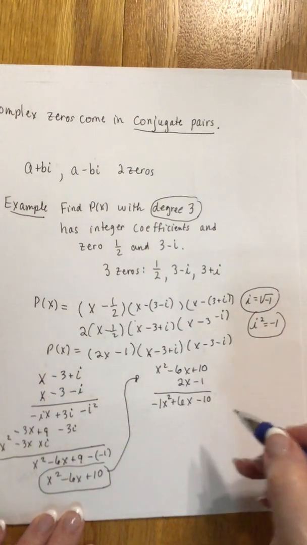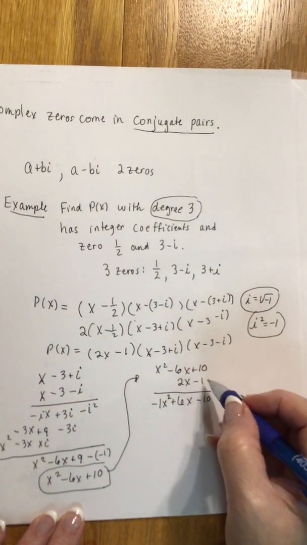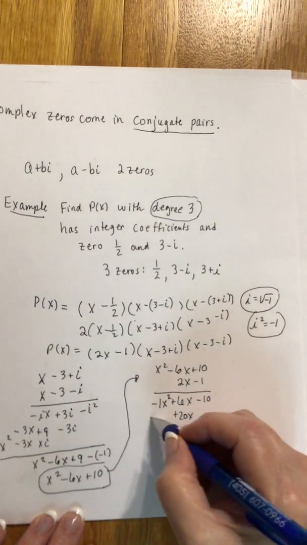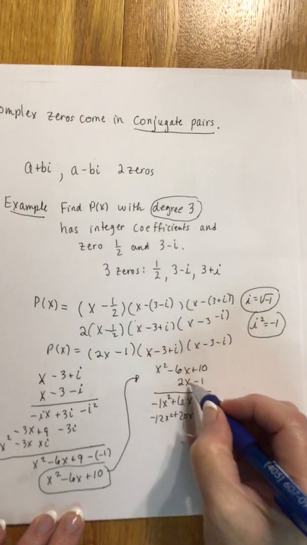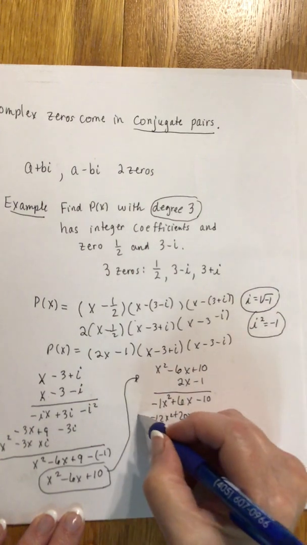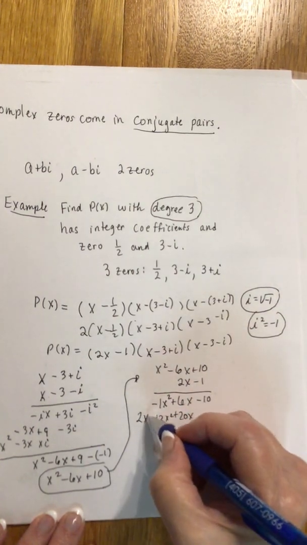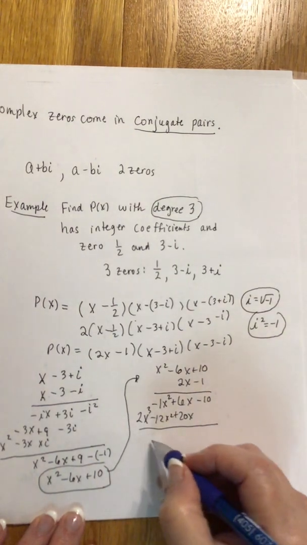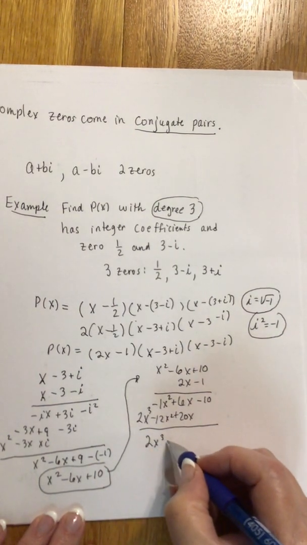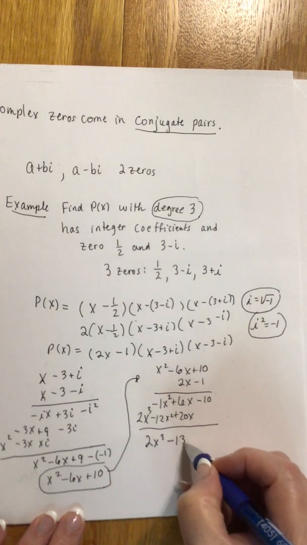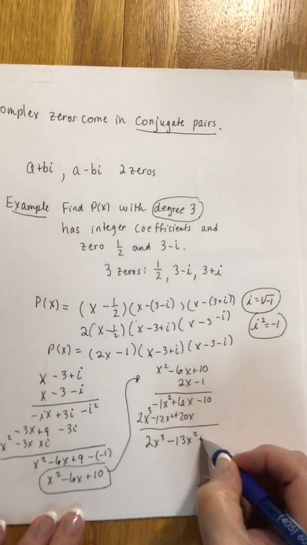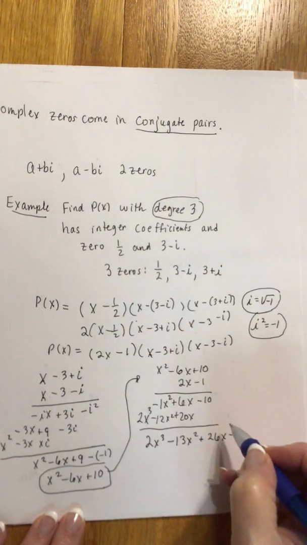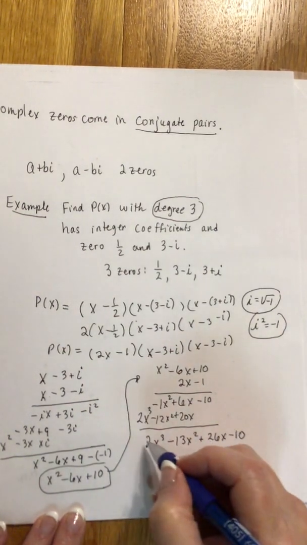Then I multiply the 2 times the 10, and I get a plus 20x minus 12x squared, and then that gives me plus 2x to the third. So I add these up, and I get 2x to the third minus 13x squared plus 26x minus 10. And that's going to equal my p of x.